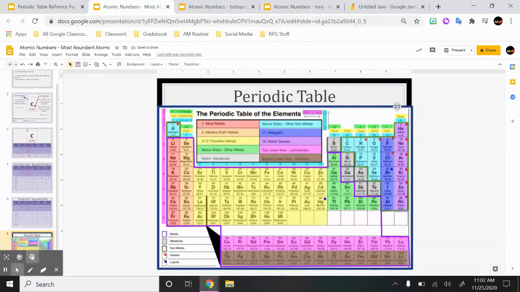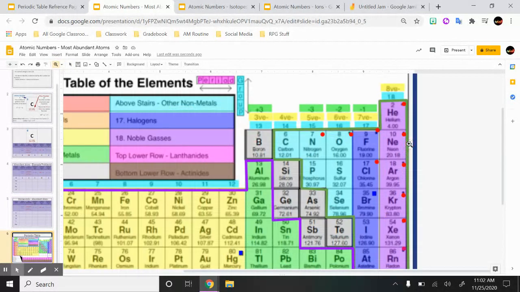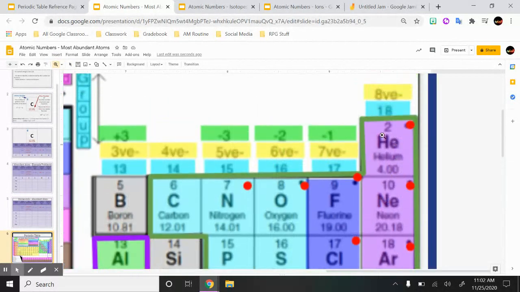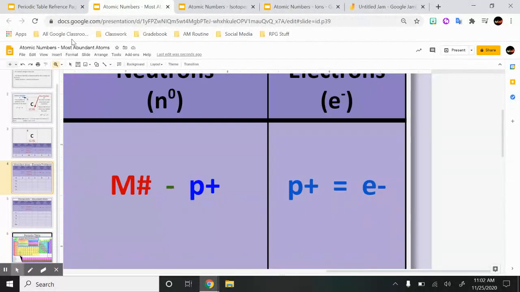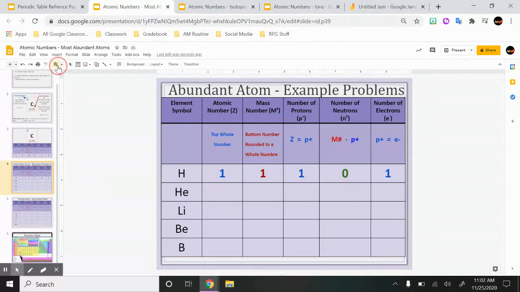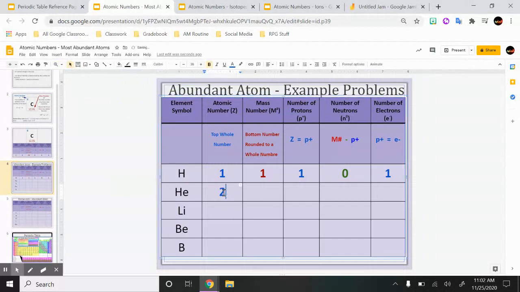Okay, let's take a look at helium. Okay, helium is right over here. We can see its atomic number is 2. It's the whole number. And its mass is 4.00. Okay, so my atomic number is going to be 2.